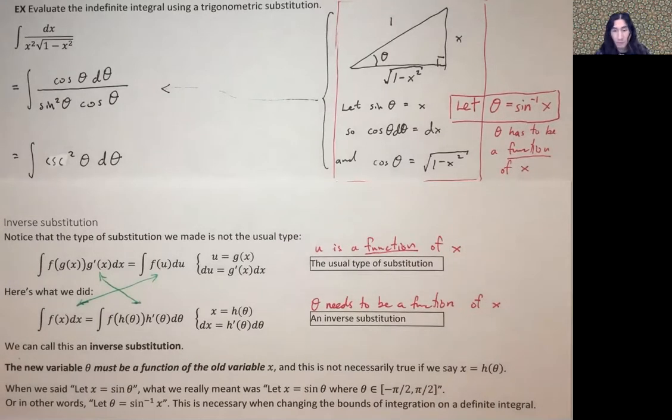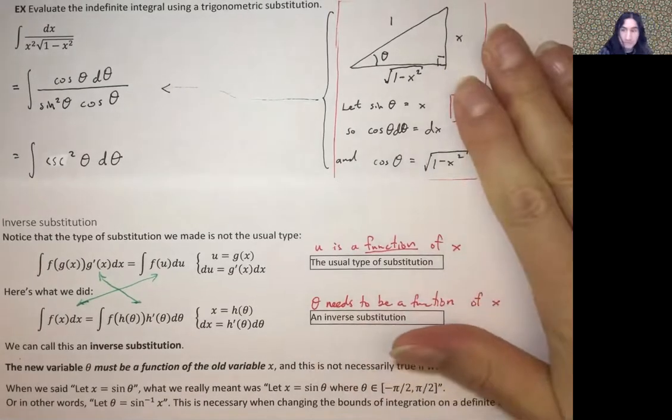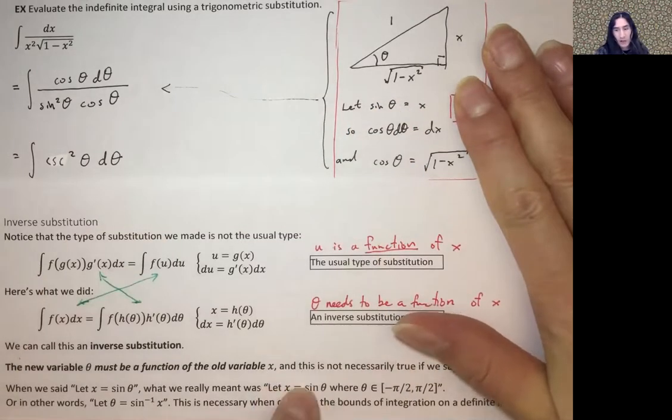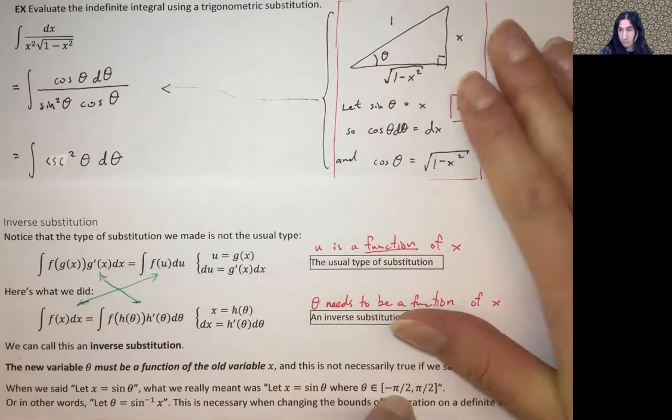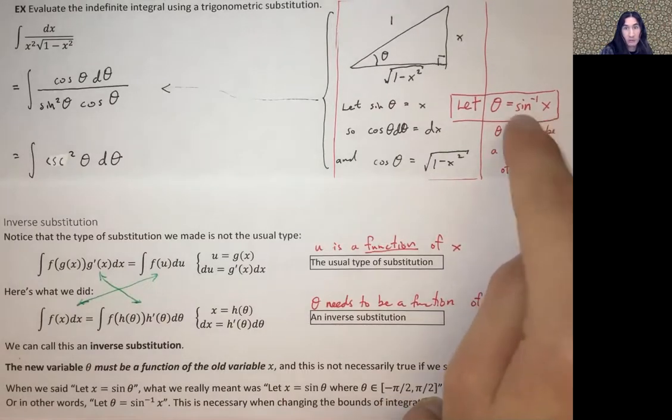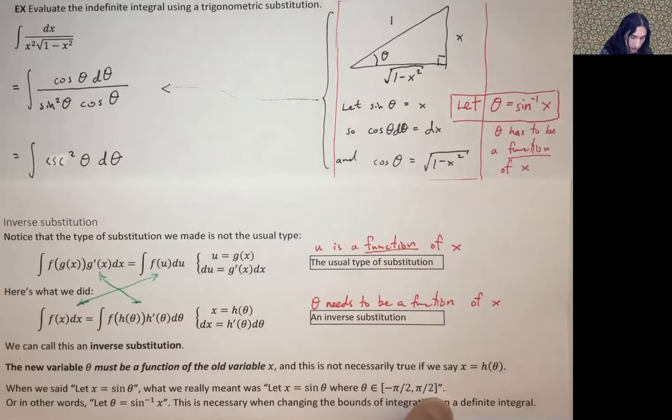here is one important point that a lot of you might take advantage of for providing your critiques. When the students write this, what they really mean is let x equal sine theta, but restrict the theta value to between minus pi over 2 and pi over 2, or in other words, exactly what we had to restrict the domain of sine to be.